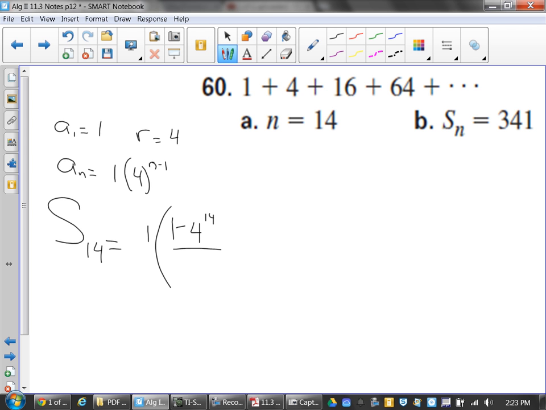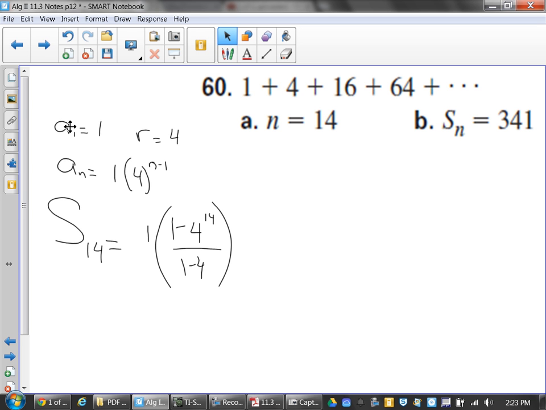No, you're trying to find the sum of 14 of them. When I move that negative, how do you move a negative? Add it. Why do you still have that one there? Can't you just cancel that out since you know the first term is 1? You can if you want.